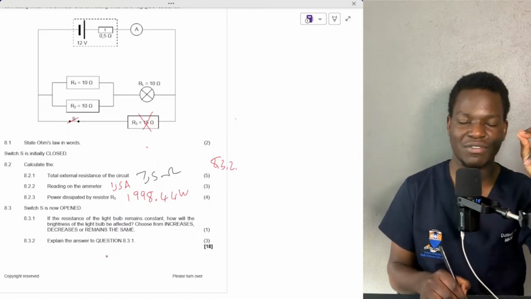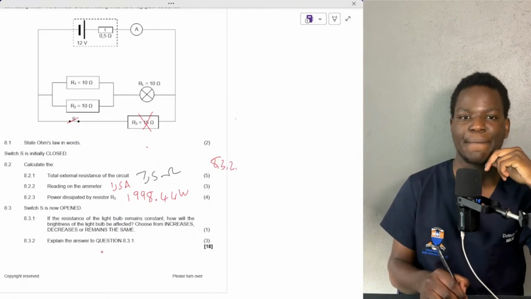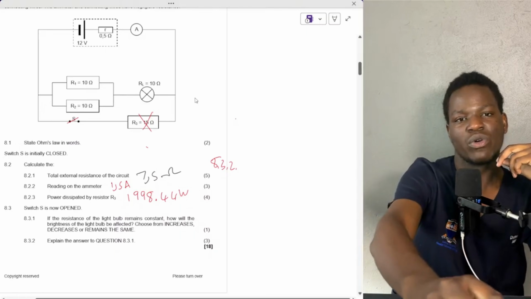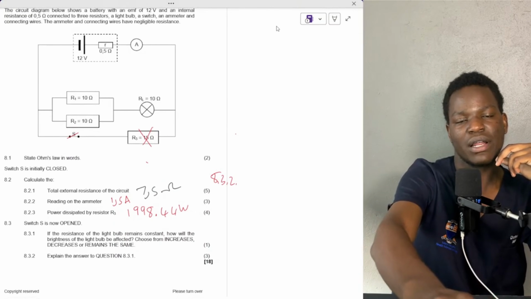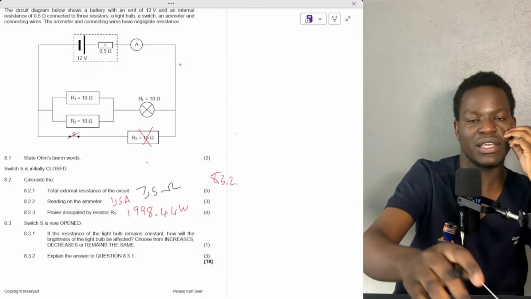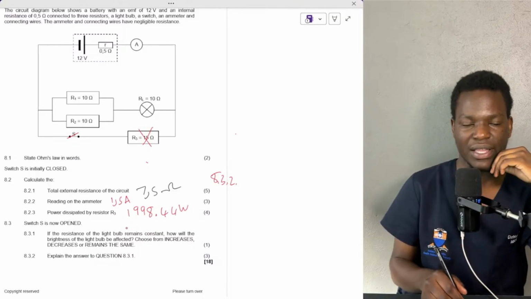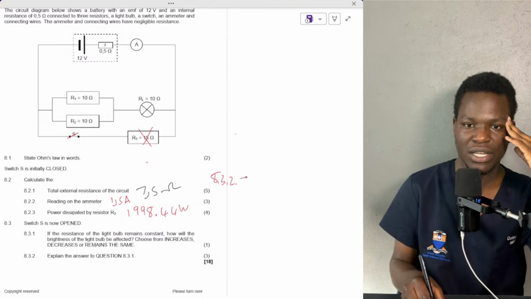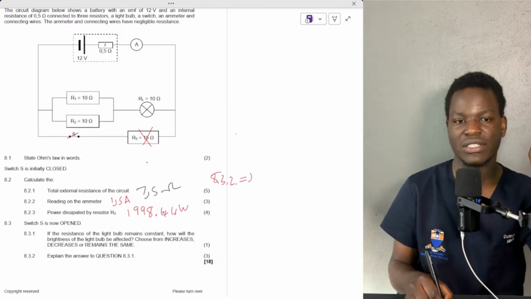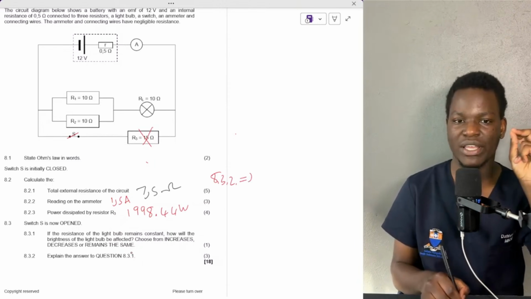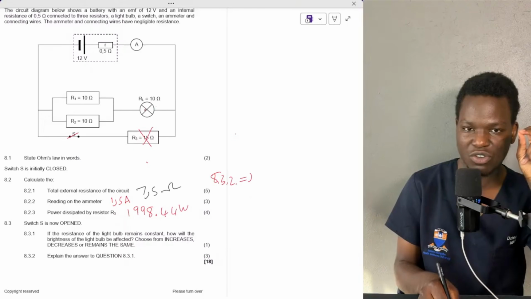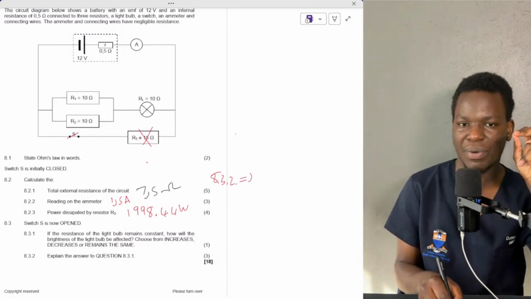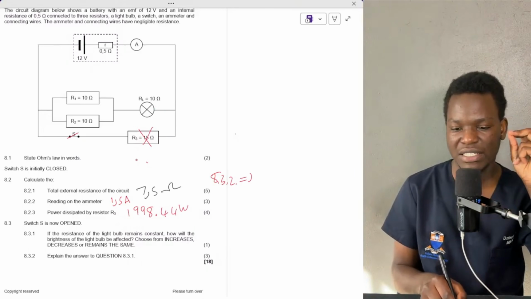Explain the answer to 8.3.1. When we go to our diagram there, 8.3.1 asks what will happen to this brightness. The principle that guides all this: what will happen to the brightness of this bulb if the switch is open, meaning that we have removed resistors in parallel?